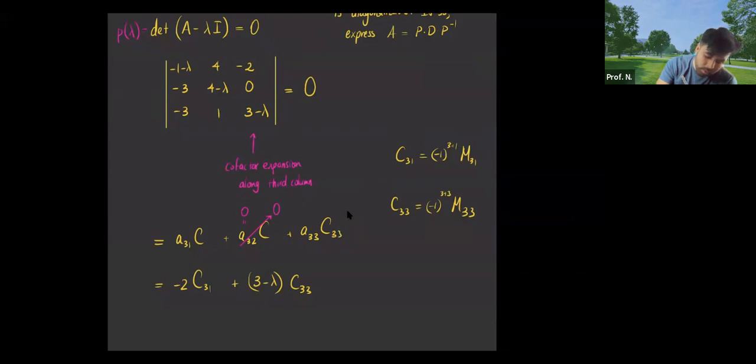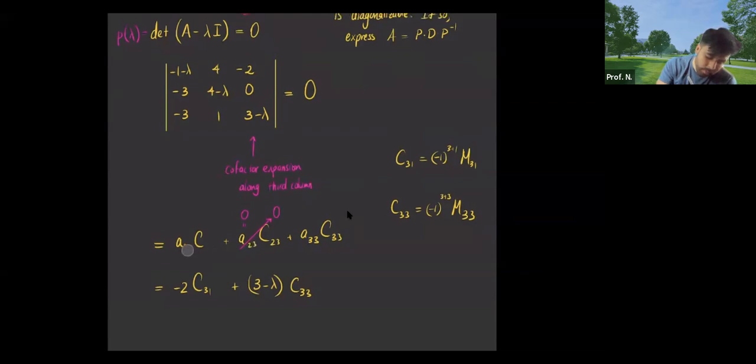This should be 2, 3, second row, third column. And this should be first row, third column. So this should be just swapped. Okay, and so that means I'm getting rid of the first column, first row, third column.